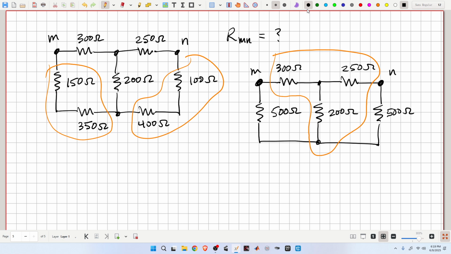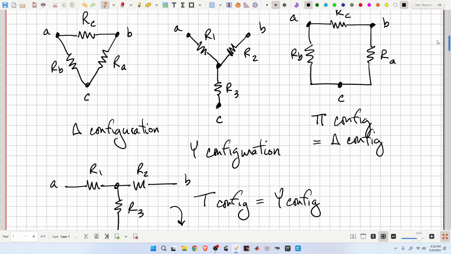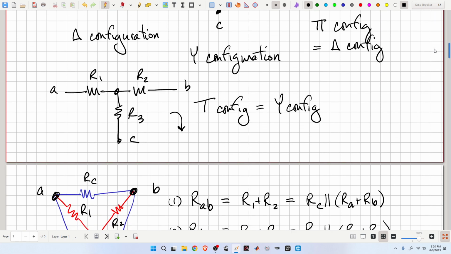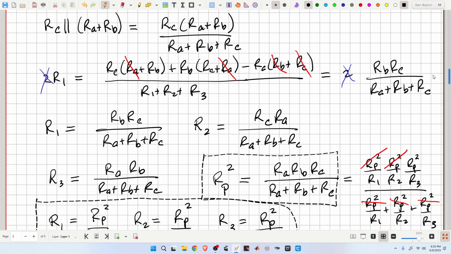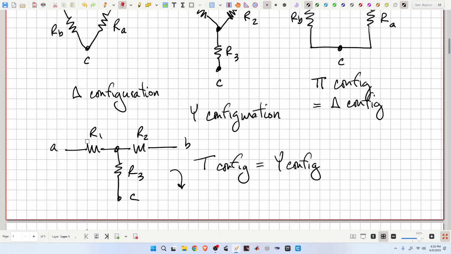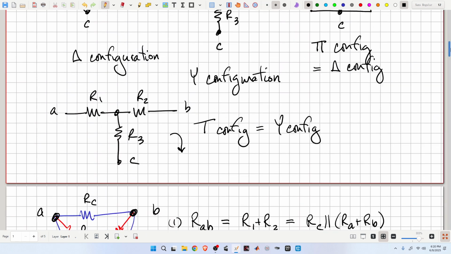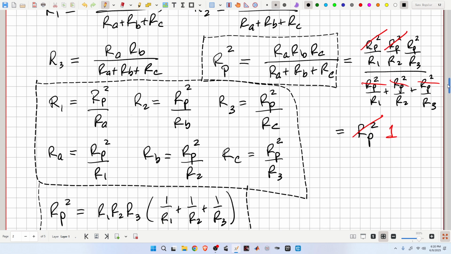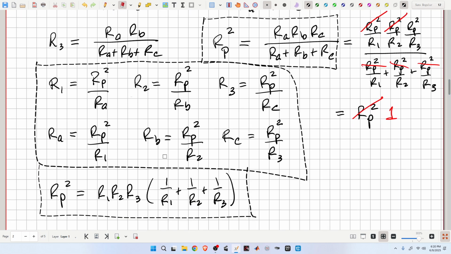All right, so let's see. Now remember, when we have the T configuration, that's when we have the R1, 2, and 3. So we're using these formulas now with R1, 2, and 3.